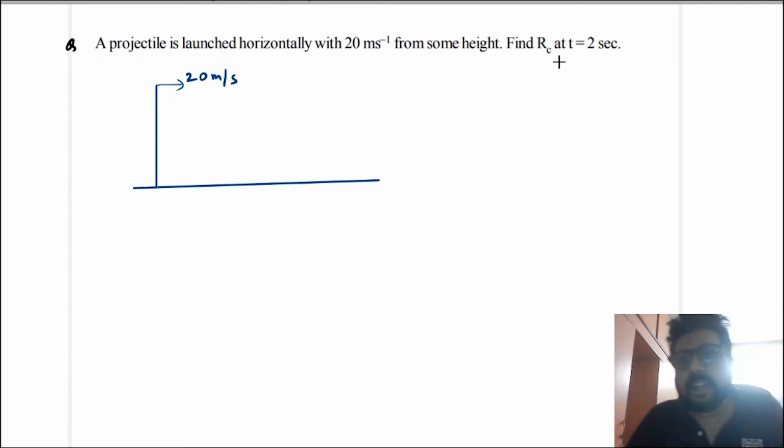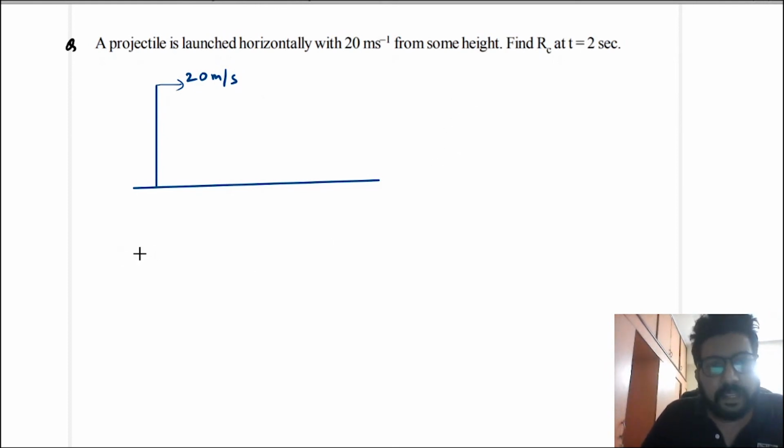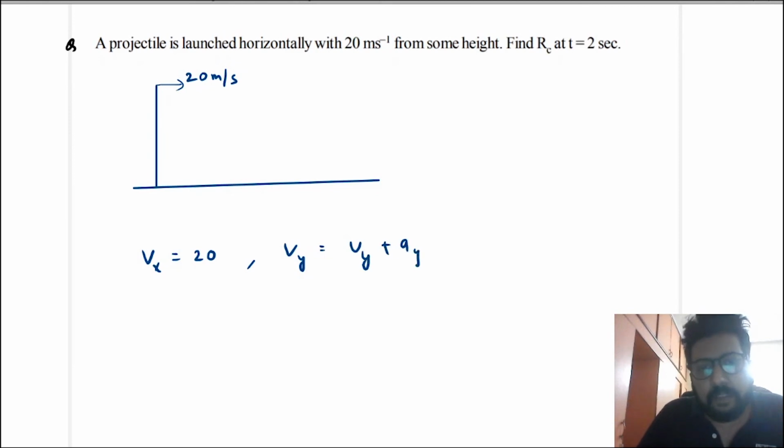Then find the radius of curvature at t equal to 2 seconds. Now at t equal to 2 seconds, what will be the speed? You know that Vx will remain constant, that is 20. Vy is equal to Uy plus Ayt, that is 0, because in the y direction initially there was no speed. Ay is minus 10, t is 2, so that is equal to minus 20.